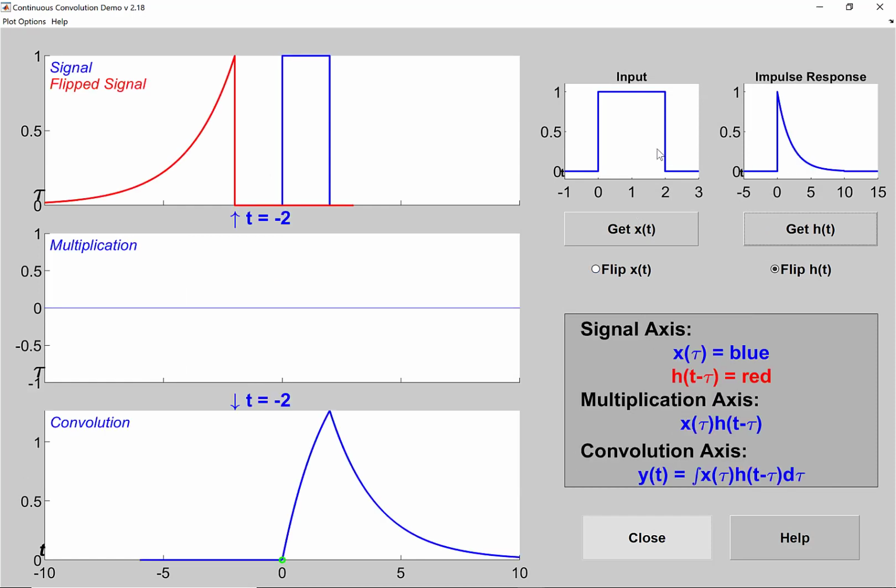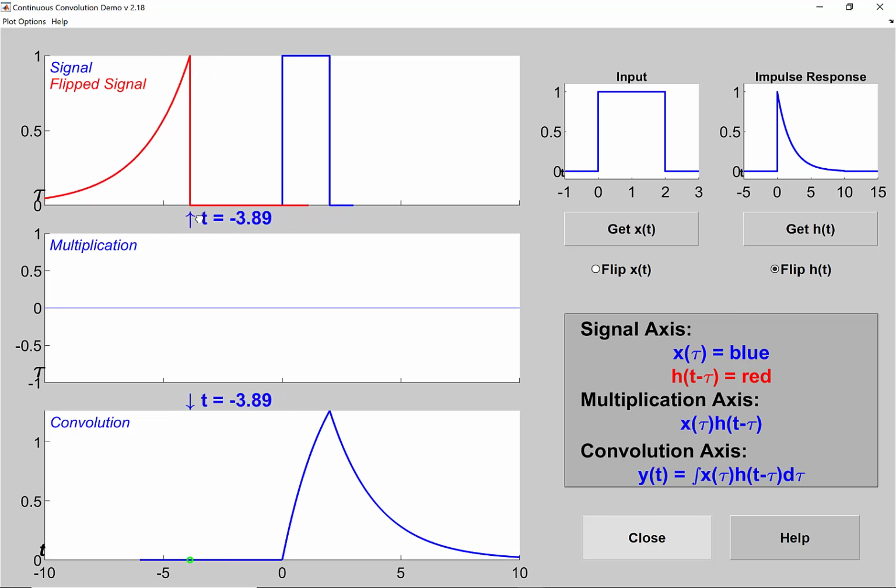Okay? And so you'll notice that this GUI has actually provided x, and it's also flipped h for us and shifted it. And you can actually drag h back and forth here, and you'll notice there's a green dot at the bottom of the screen that tracks the total value of the integral of x times shifted h.